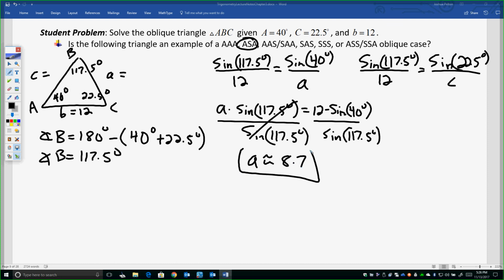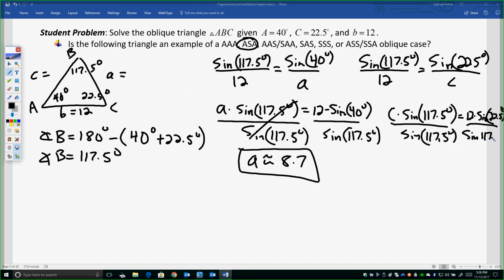We'll box that up. And cross multiply here, I get C times sine of 117.5 equals 12 times sine 22.5. And divide by the sine. So C is approximately, and I got 5.2.